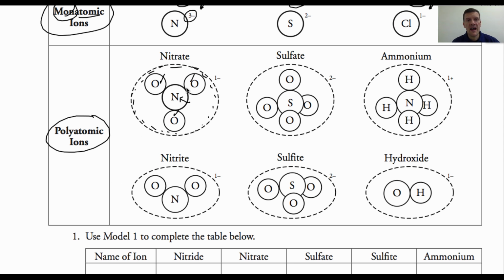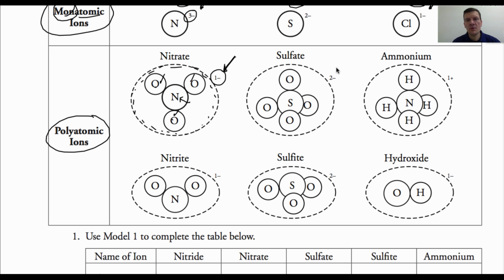These are all non-metals, and they are bonded together, but collectively you'll notice that they have a charge on them. That means if you count all the protons in all 4 nuclei and then count up all the electrons around the different nuclei in this group, you would have 1 more electron. The total number of electrons is 1 more than the total number of protons in this whole group. Thus, the group has a -1 charge.